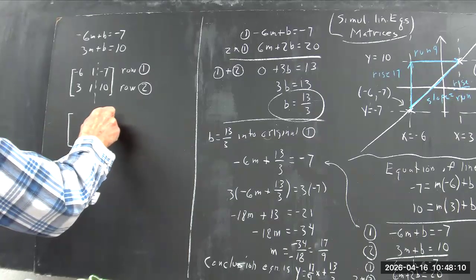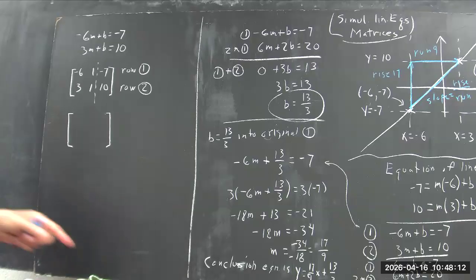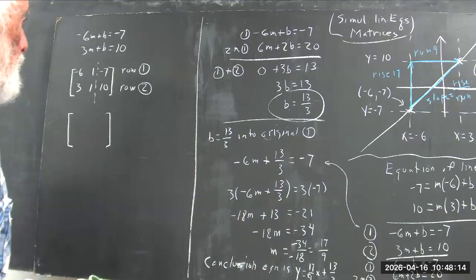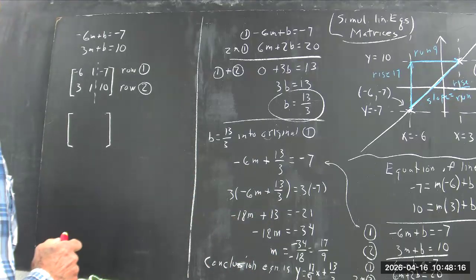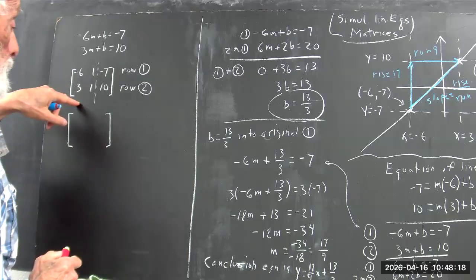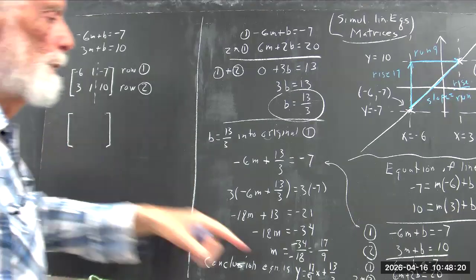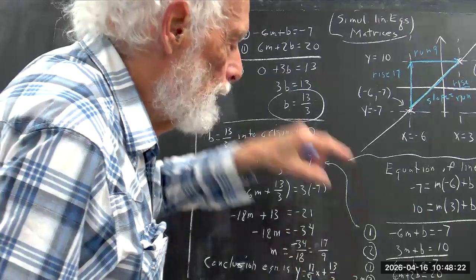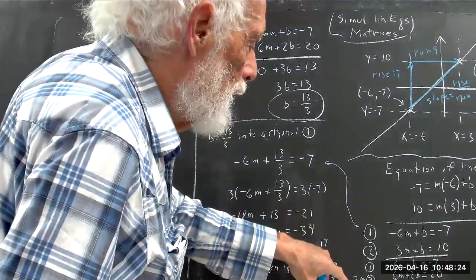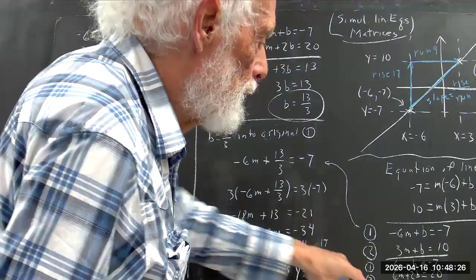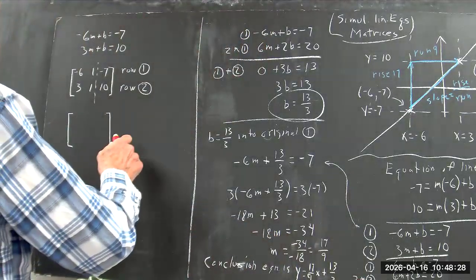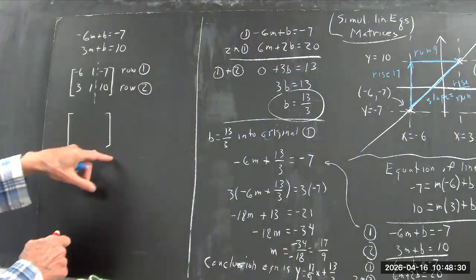If I mimic what I did with the equations, the first thing I did was double row 2. I'm on the first step of the original solution, where I did 2 times the second equation. Here, I'm going to write a set of brackets.